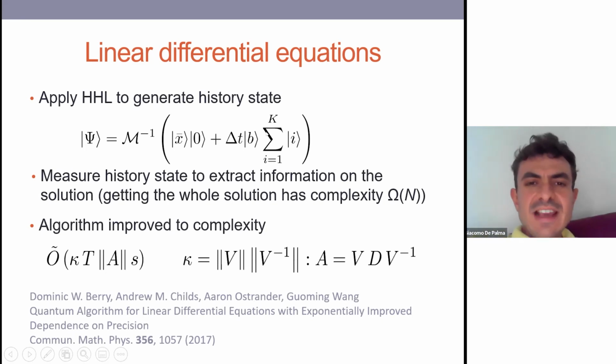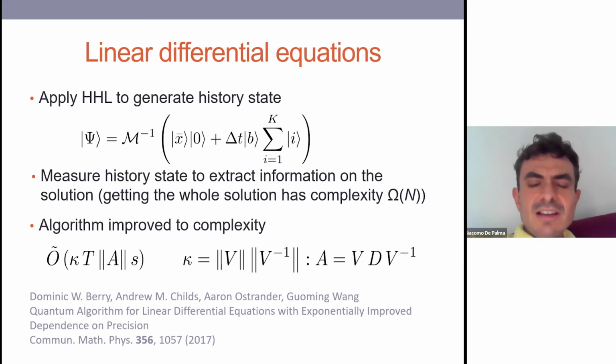And of course, the idea is to apply the HHL algorithm to generate the quantum history state in this fashion. And now we have the solution of the differential equation encoded in this quantum history state. So the solution is still encoded in the amplitude of a quantum state. And we can measure it to extract the information that we need on the solution.